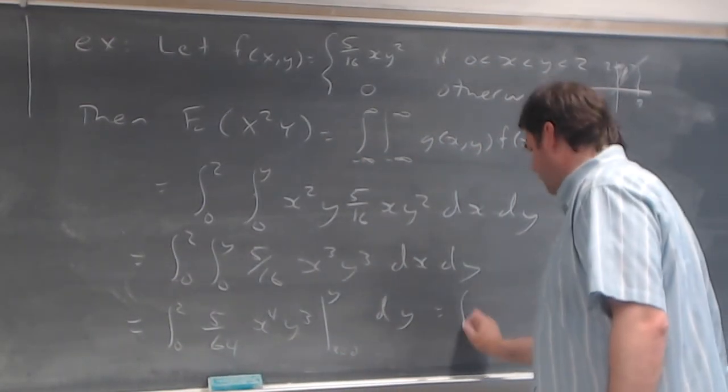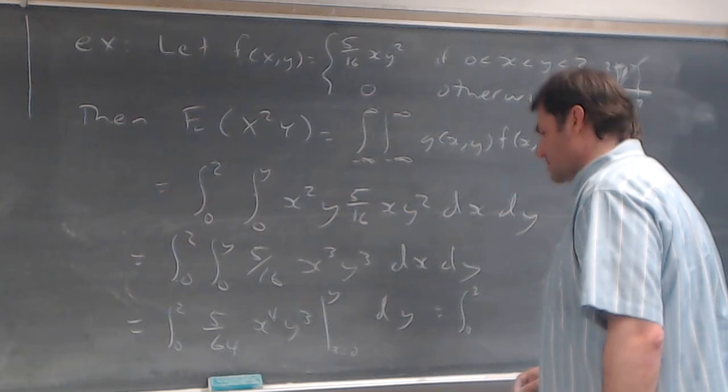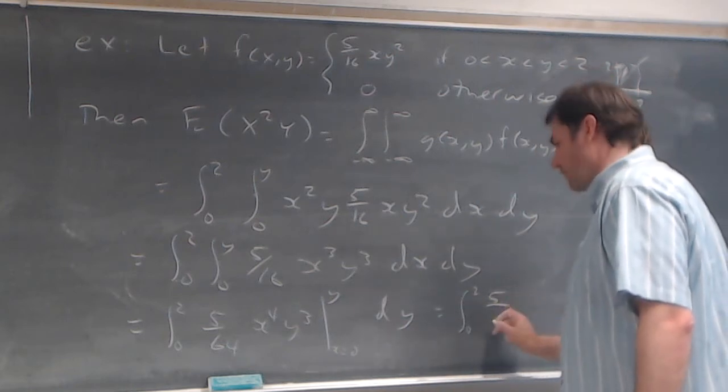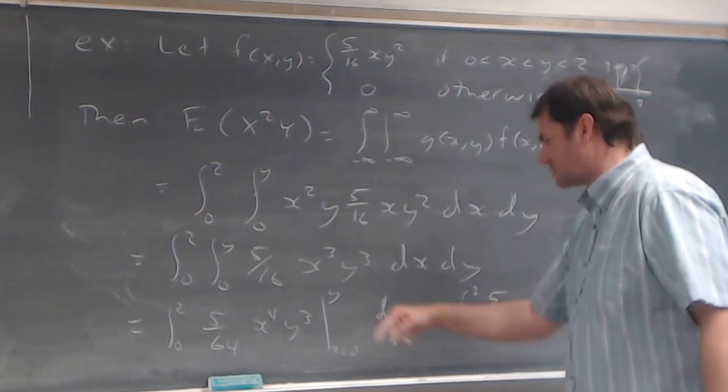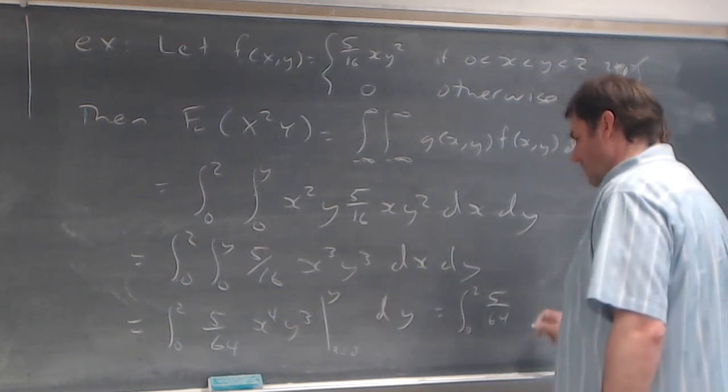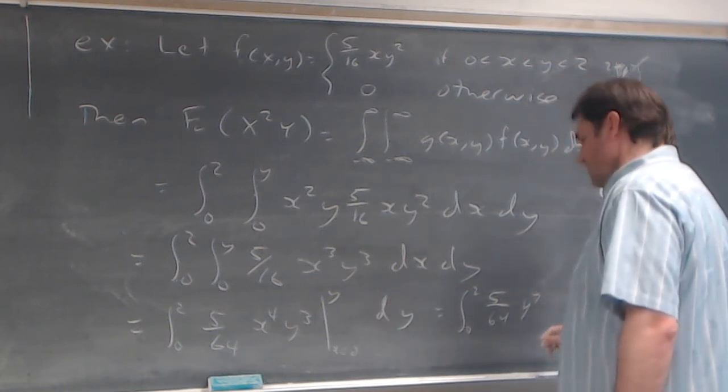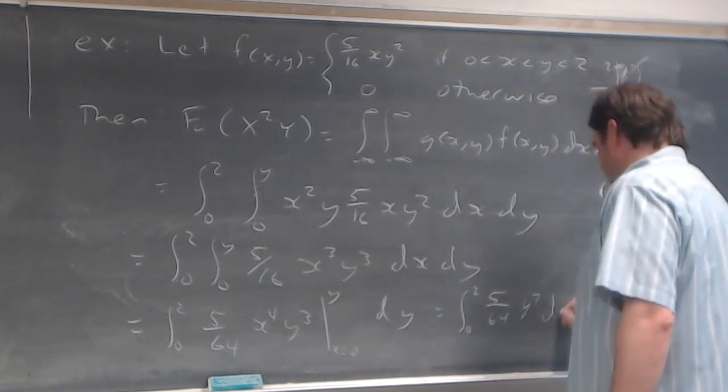The interval we're going to have is 0 to 2, 5 over 64. And then when x is equal to y, we get y to the 7th. And when x is 0, we get nothing, so that's dy.